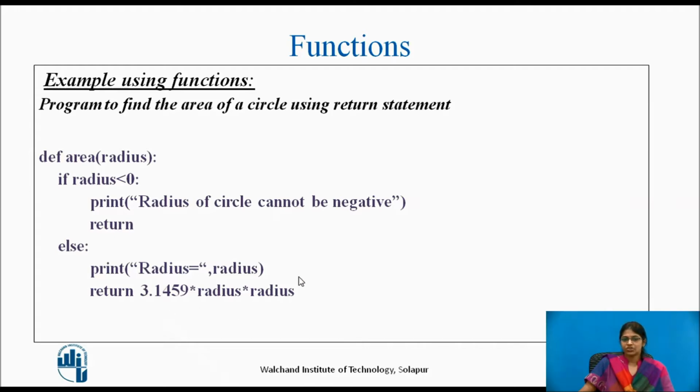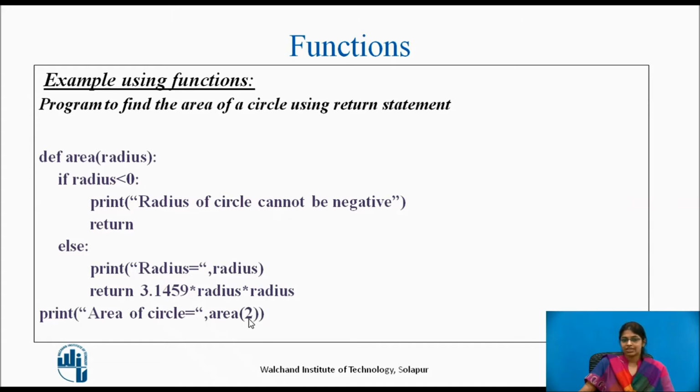It will compute this value, and whatever value is computed gets returned to where this function has been called. Outside the function definition, we are printing area of circle, but in this case the function has been called from here. So whatever value is returned will be printed at this place.